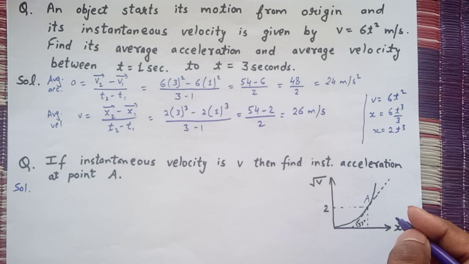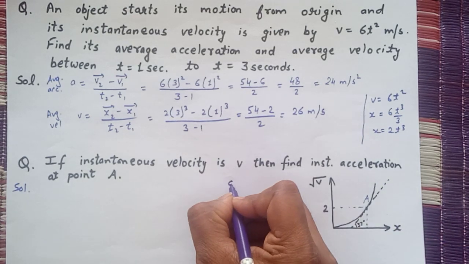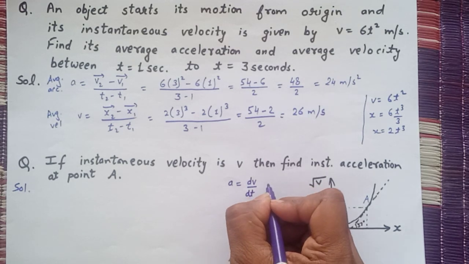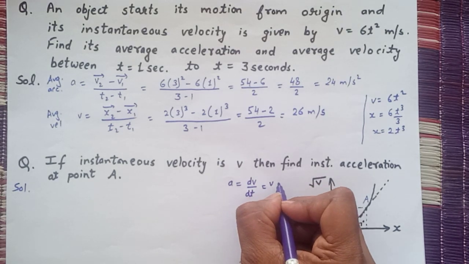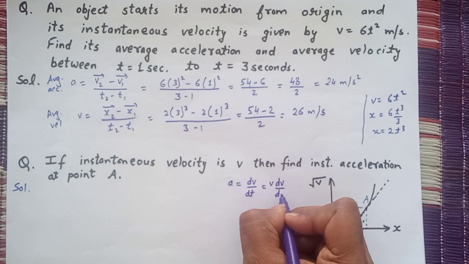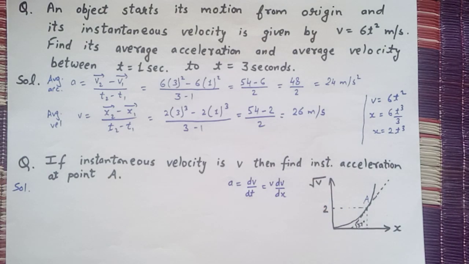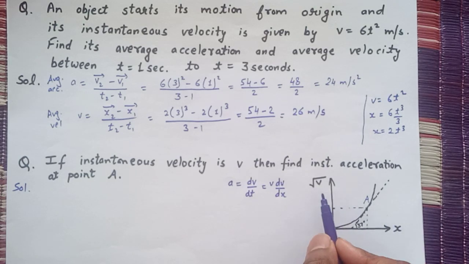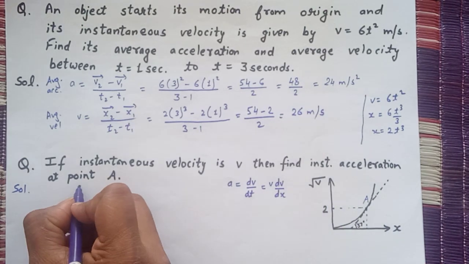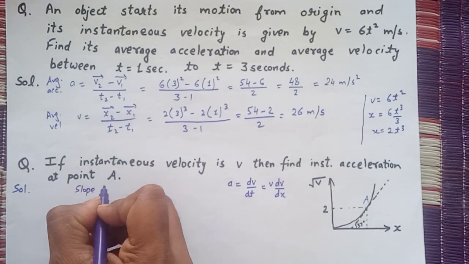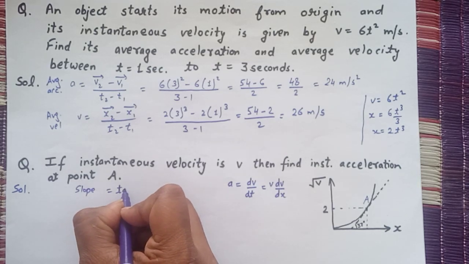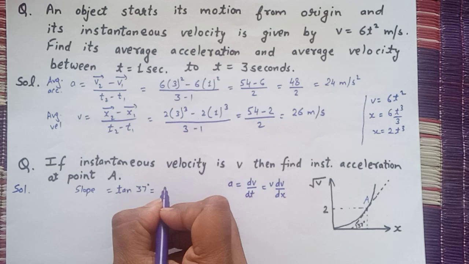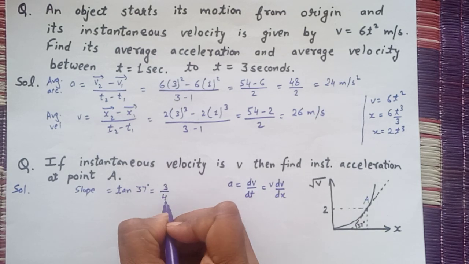So instantaneous acceleration, we know that acceleration is given by dv by dt, and one more formula is there, that is v dv by dx. There are two formulas for the acceleration. First of all, I will take its slope. We know that slope is given by tan theta and angle is 37 degree, so tan 37 degree is 3 by 4.